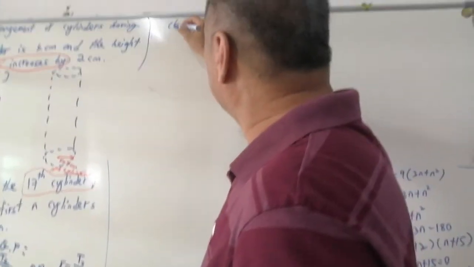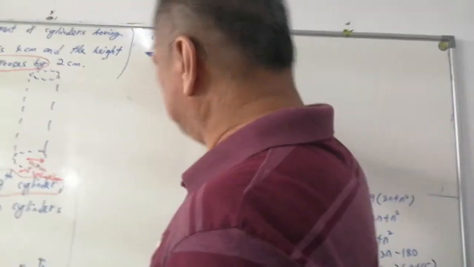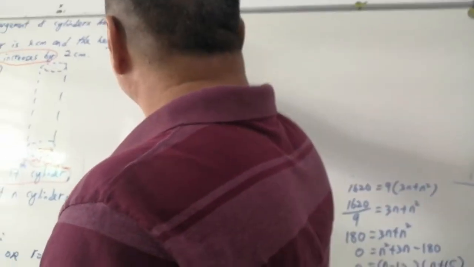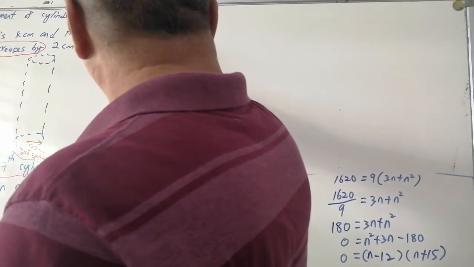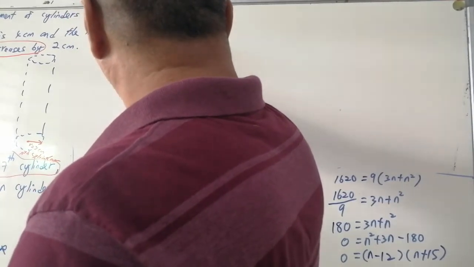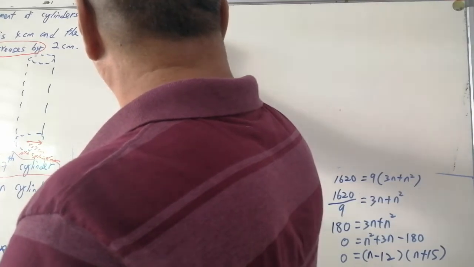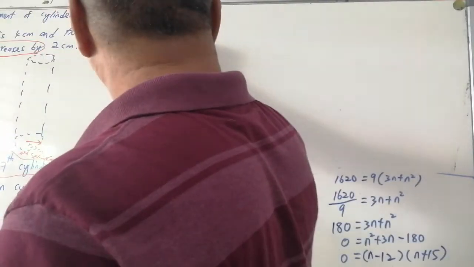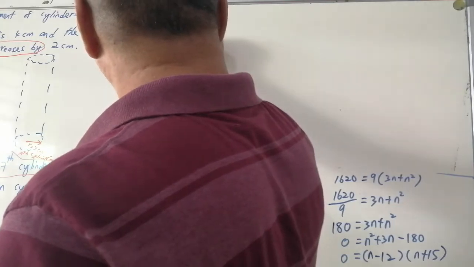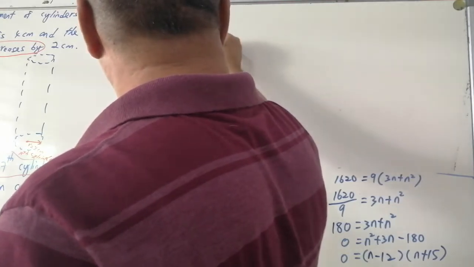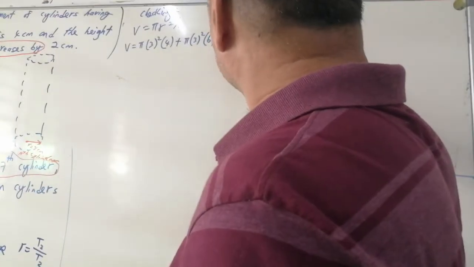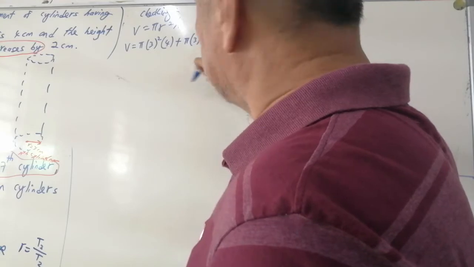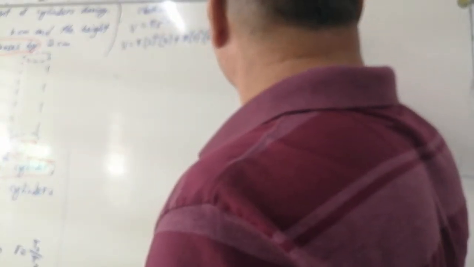Now, checking. So your volume equal to pi r squared h. The total volume, the first one is pi, your r is 3 squared, your first height is 4, first cylinder. Second cylinder, height 3 squared, your height is 6. The third cylinder, the height is increased by 2, plus pi 3 squared.